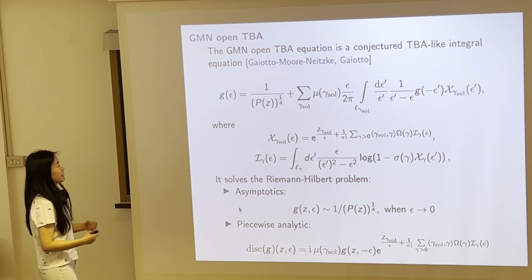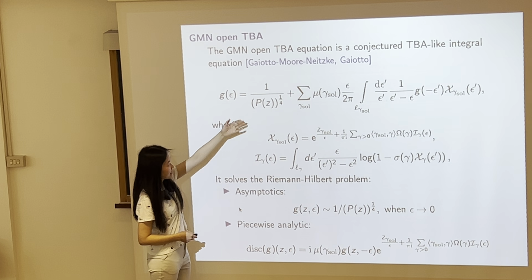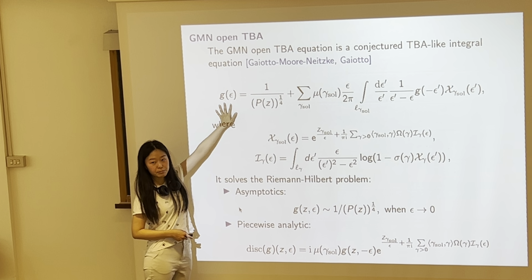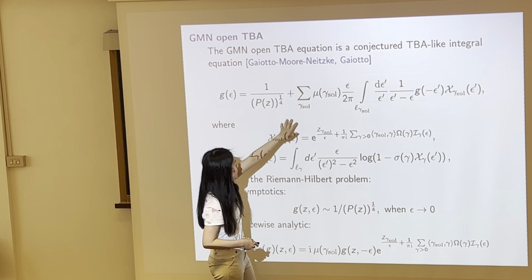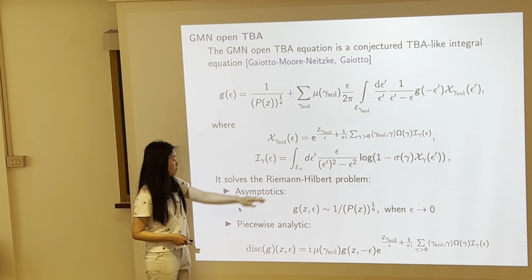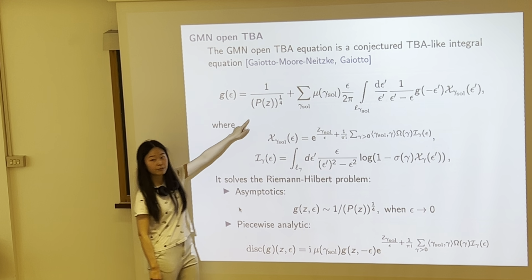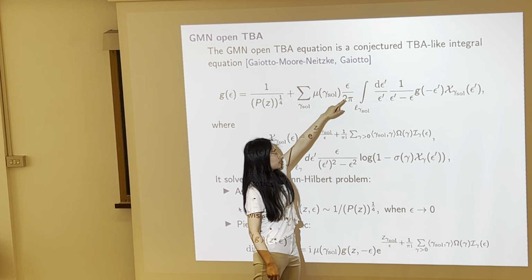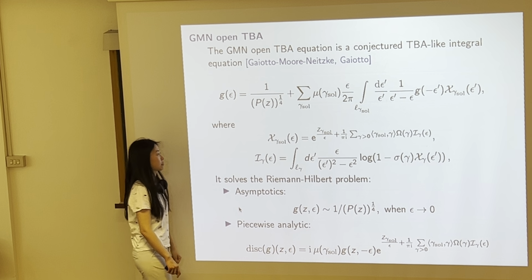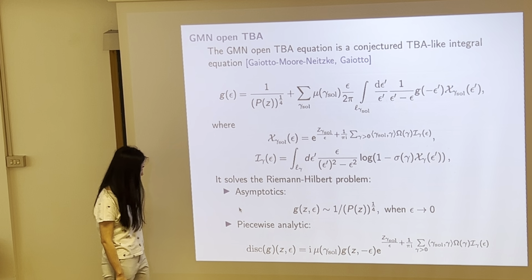So in short, the GMN open TBA equations are conjectured thermodynamic Bethe ansatz-like integral equations, which are satisfied by a function g(ε) with this expression, which solves some Riemann-Hilbert problem where the asymptotics is given by just the first term here, because the second term depends on ε. So more or less, you can think about that it goes away when ε goes to 0 for this asymptotic.